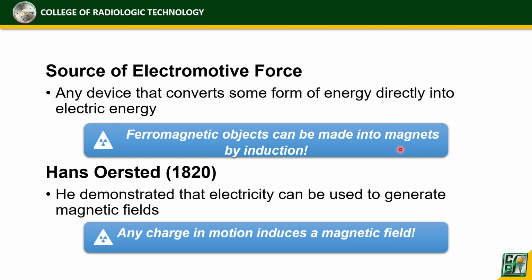So therefore, dyan na yung electromagnet. So any charge in motion induces magnetic field. So yun yung sinabi natin in the beginning of our discussion sa magnetism, di ba?